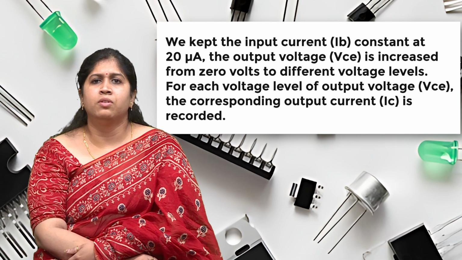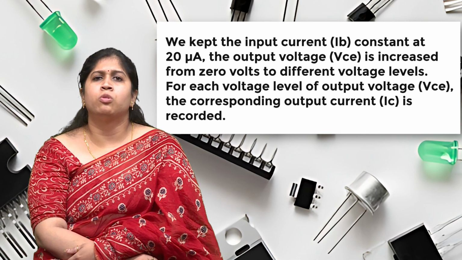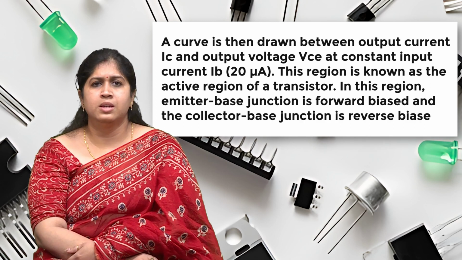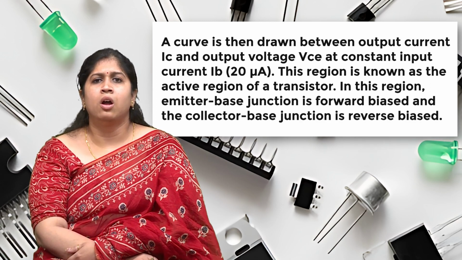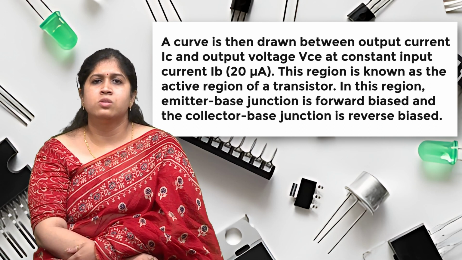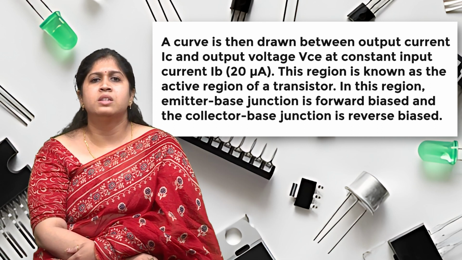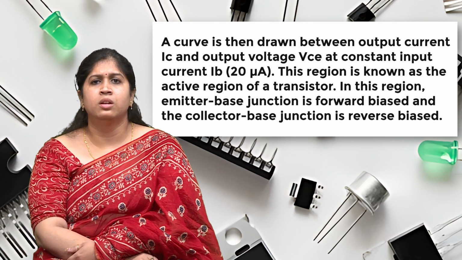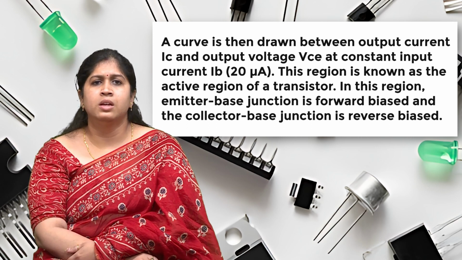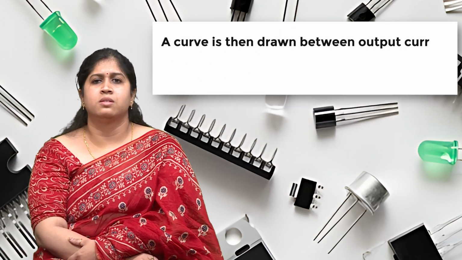For each voltage level of output voltage VCE, the corresponding output current IC is recorded. The curve is then drawn between output current IC and output voltage VCE at the constant input current IB of 20 µA. This region is known as the active region of a transistor. In this region, the emitter base junction is forward biased and the collector base junction is reverse biased.